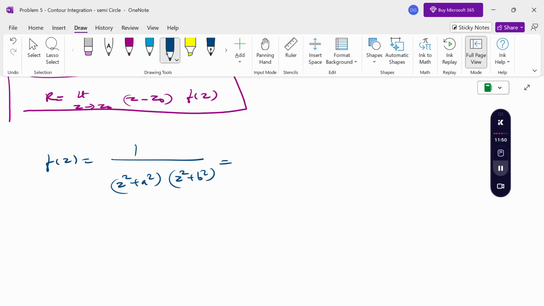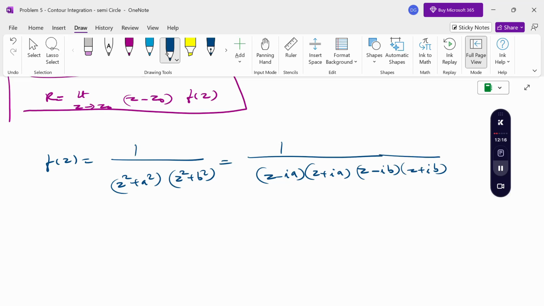Now rewrite it in the form of factors: z plus ia. So f of z is 1 by (z minus ia)(z plus ia)(z minus ib)(z plus ib).